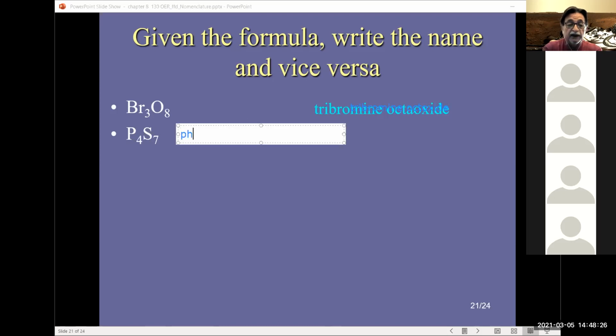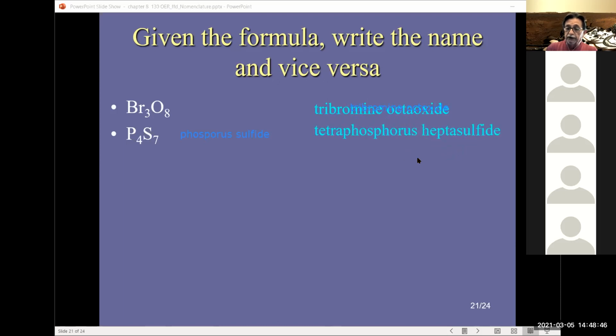So we had the base name and sulfide. Sulfide, because those sulfurs are bonded to the central atom, which is the first element. Okay, so that's the base name. Now you go back and add the prefixes and you end up with tetraphosphorus heptasulfide. Okay.